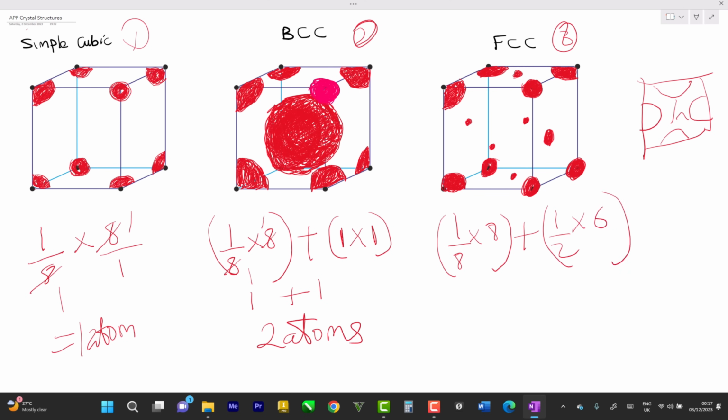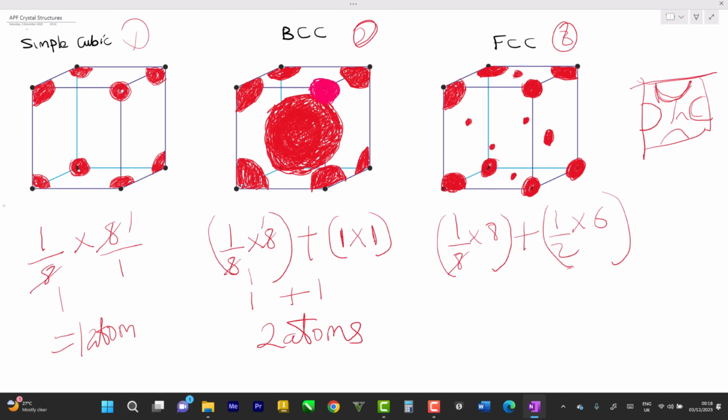How did I get the 6? Remember I said this is like a dice. A dice has 6 sides. So we have 1, 2, 3, 4, 5, 6 atoms. But this 1 over 2 means half. It used to be complete, but because we sliced, we have half semicircles inside. So that's why we say 1 over 2 times 6.